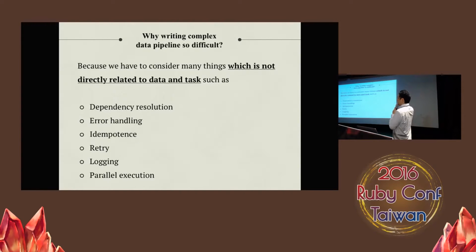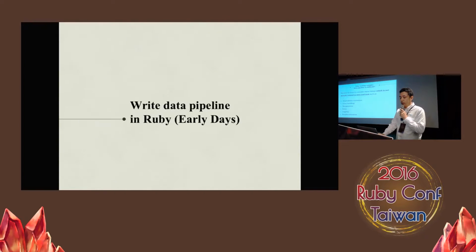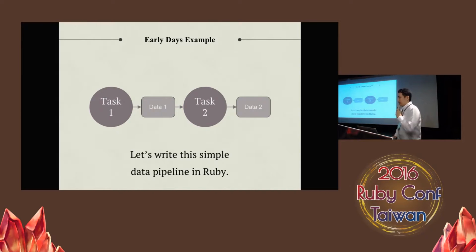Okay, let me explain this with sample code. This is a very simple data pipeline. 2 tasks and 2 data. First, a task is just something we want to do to process the data.